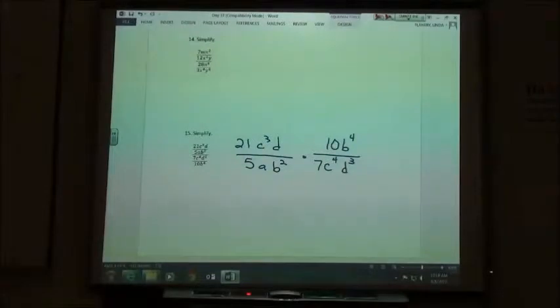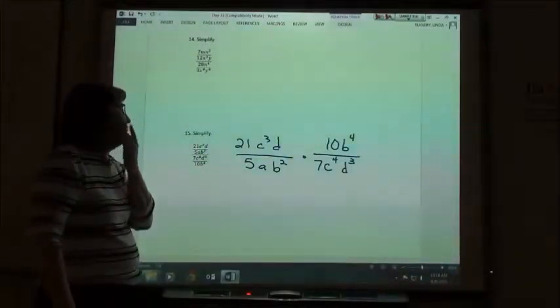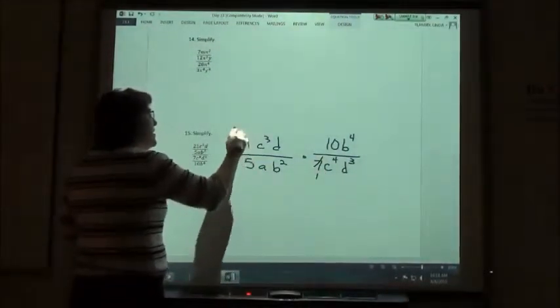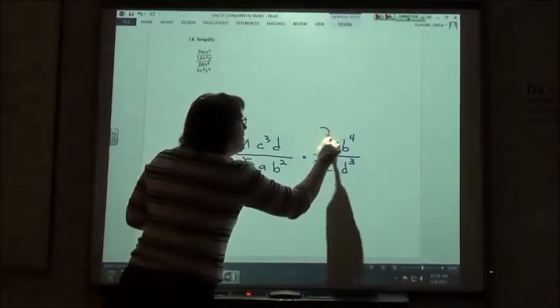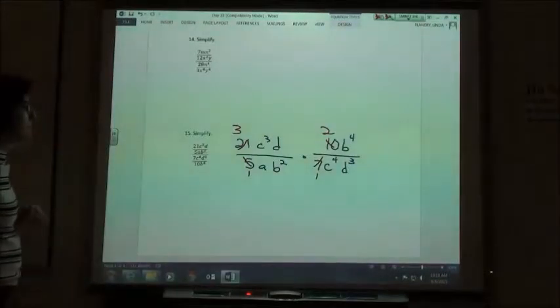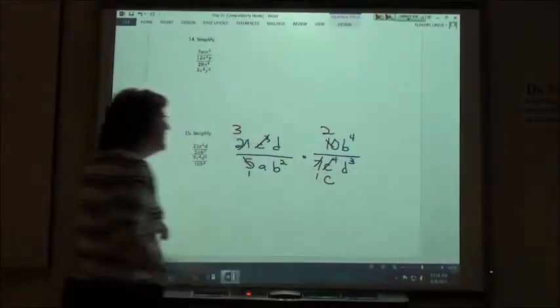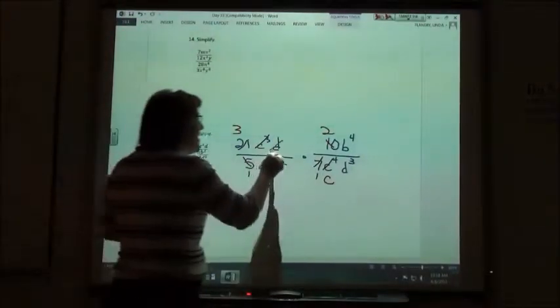So, multiplying our fractions, we can do what? 7 goes into 21 3 times. 7 goes in there once and into there 3 times. 5 goes into 10 twice, and into there once. Cancel out c to the third. Cancel one of the d's.